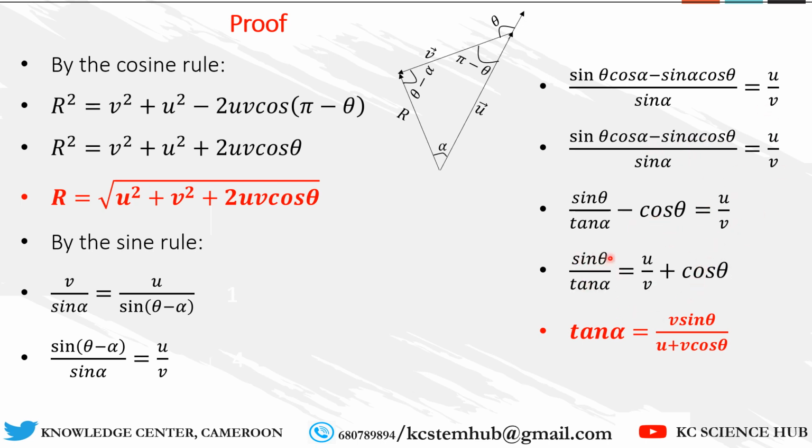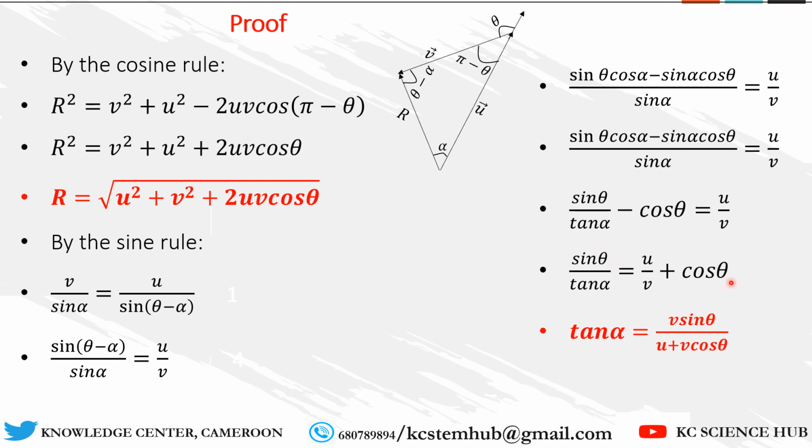So we can get sine theta over tan alpha on one side and carry our cos theta the other way. And so you have u over v plus cos theta. Now our tan alpha, very quickly, we can look for the LCM here, and we'll get u plus v cos theta over v. So we reciprocate both sides, and our tan alpha would simply be v over u plus v cos theta.